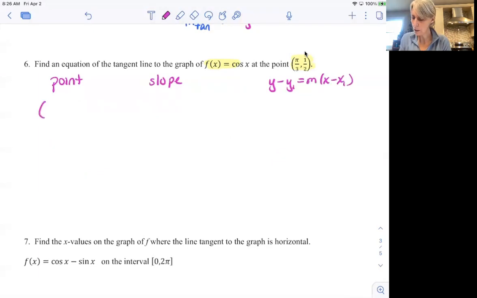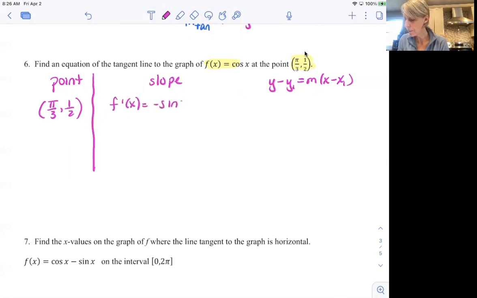My point was given to me. And if I just had the x value, I would plug the x value into the original function. My slope, we're going to find the derivative. And then we're going to plug in pi over 3.